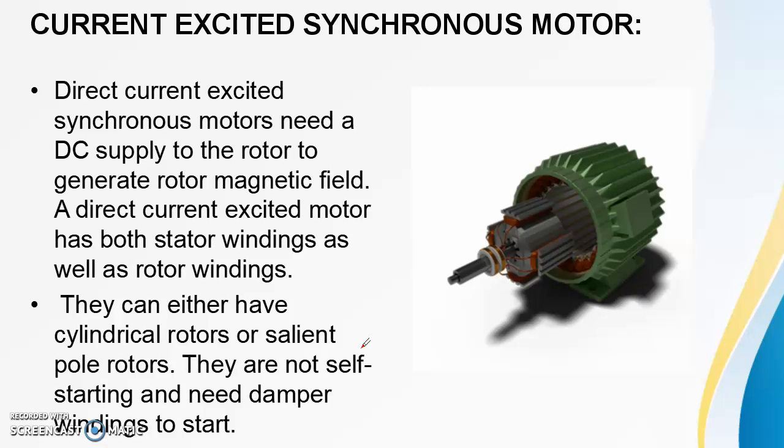A direct DC current excited motor has both stator winding as well as rotor winding. They can either have cylindrical rotors or salient pole rotors. These current excited synchronous motors are not self-starting motors. They need damper winding to start the motor to rotate.